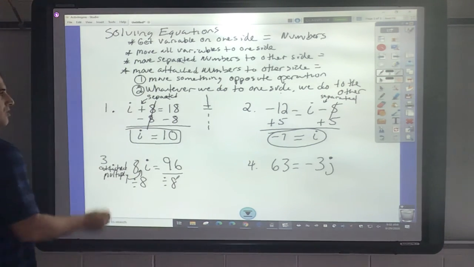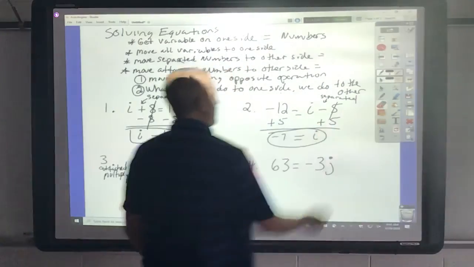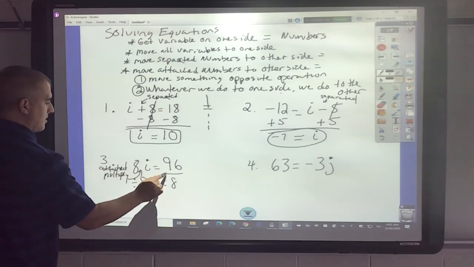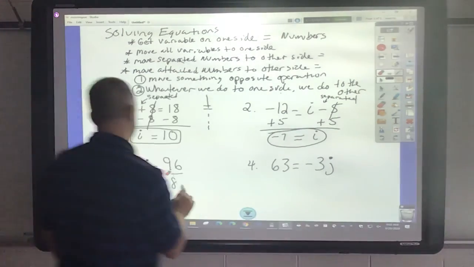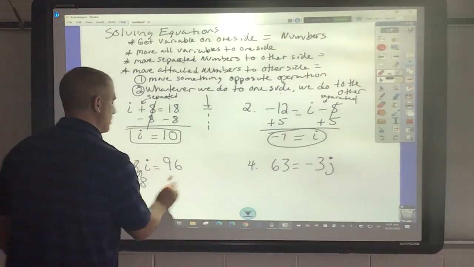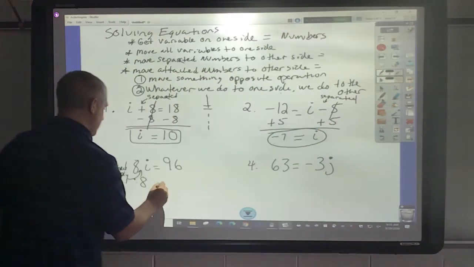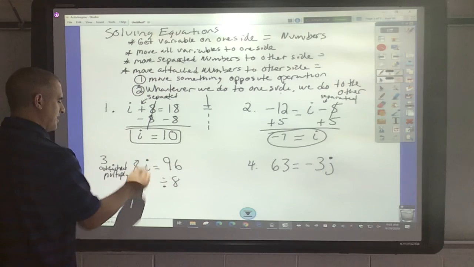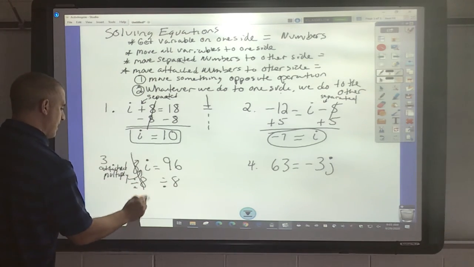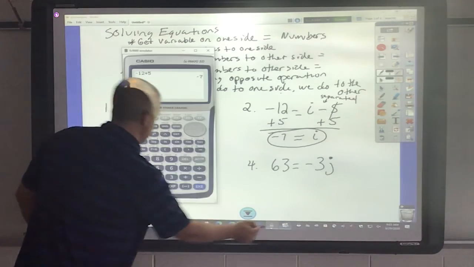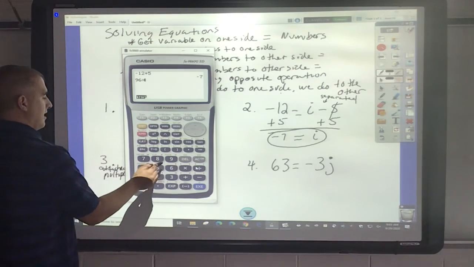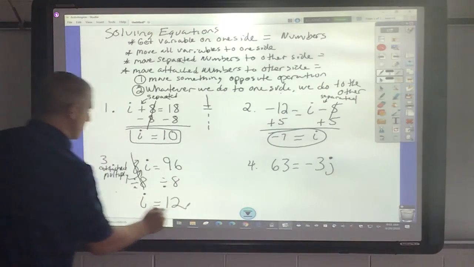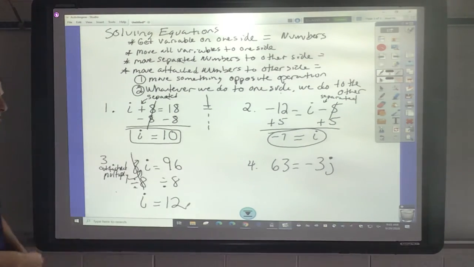You can use either the little division symbol, or if you prefer to actually show the division like this, I'm going to divide on this side, divide on that side. So that goes away. 96 divided by 8 would be 12. If you want to show a little line, I'll show you that in a second.